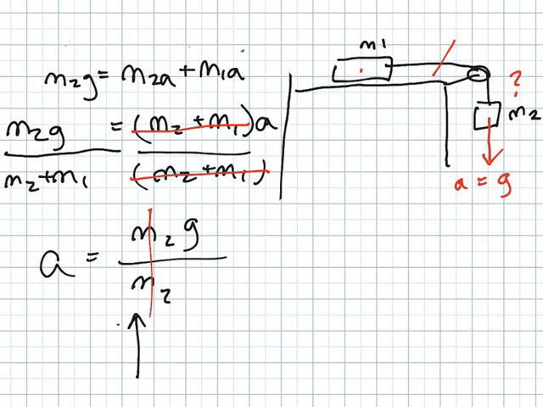Okay, then let's look at something else, and that's what if M2 is 0? I cut the string here, and so this is no longer here. So what is A going to do if we get rid of M2? We let M2 be 0. Well, the block's just going to sit here.